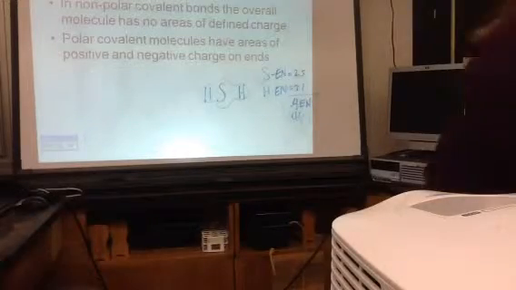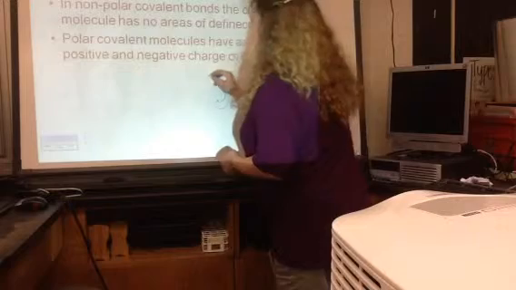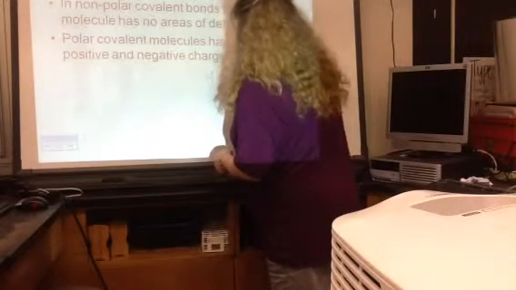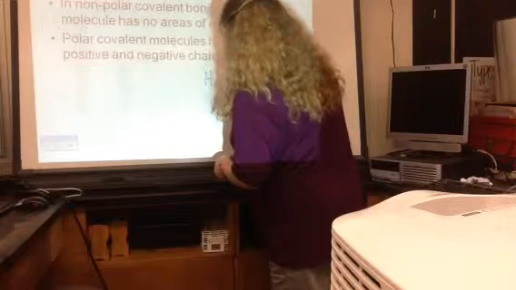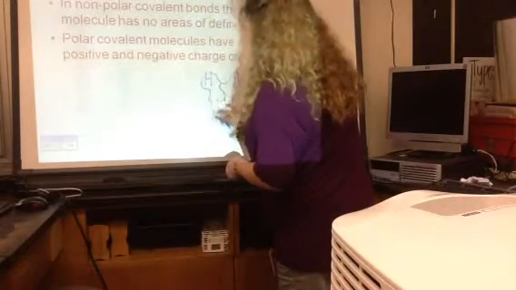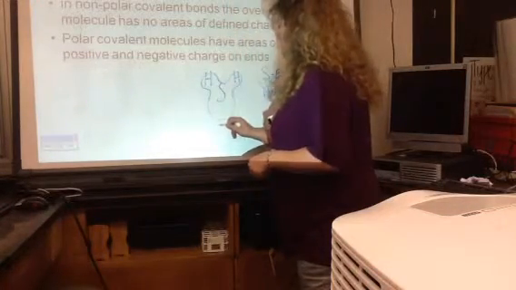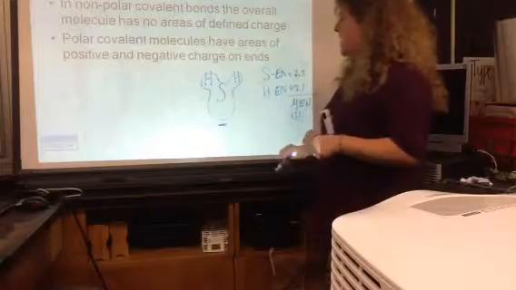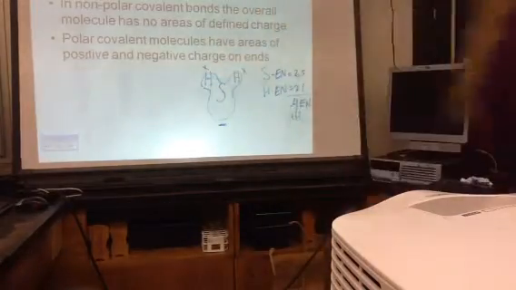Okay? And let's do a slightly better job representing this. Sulfur ends up sucking up more of the electron cloud. Sulfur ends up with a slightly negative end and a slightly positive end.